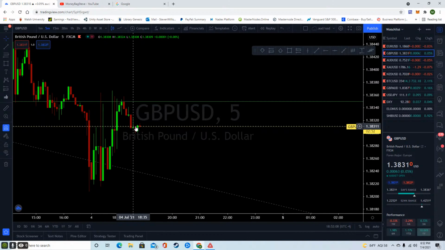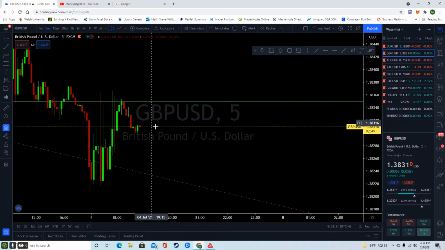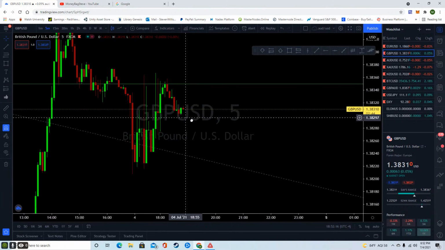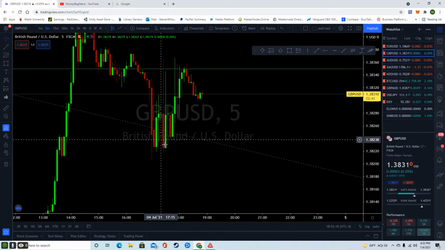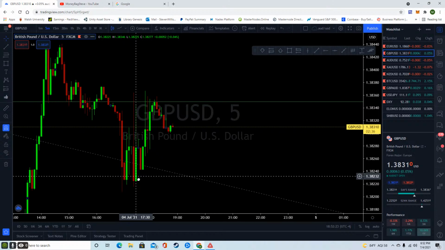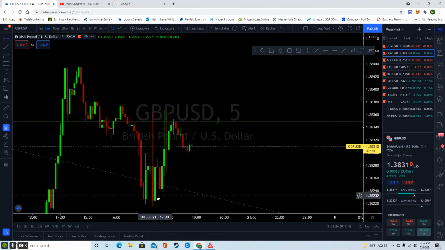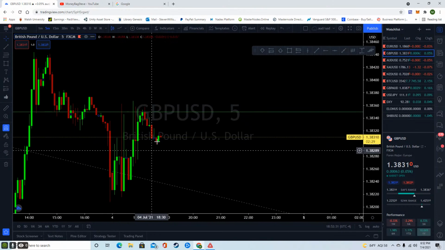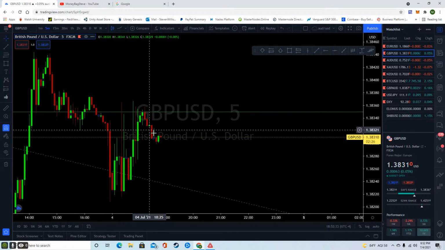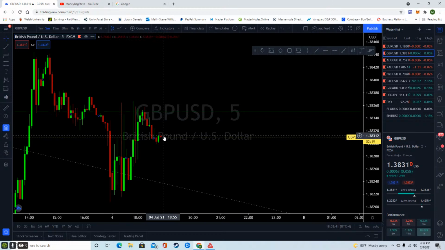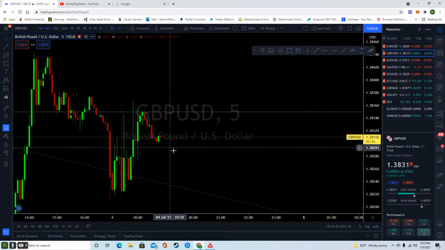I really don't want to take a GBP trade from right here, but right now it's not doing what we need it to do. It's following structure. This candle shows very downward momentum. This candle tried to fight up and it showed very downward momentum.